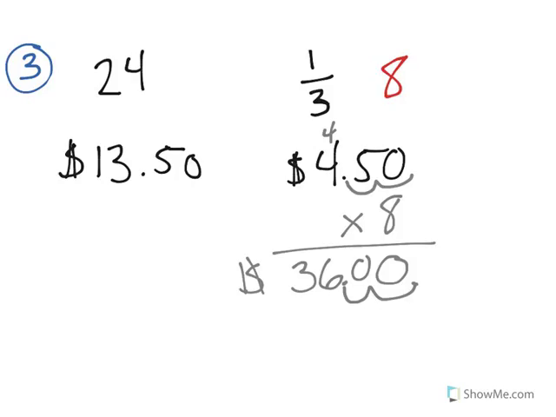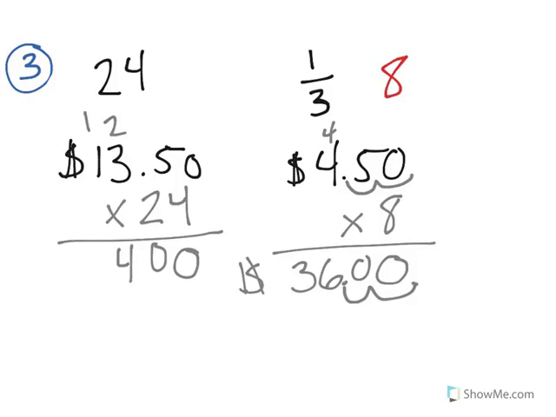Now let's look at how much was spent on tickets to the actual museum. We're going to multiply our $13.50 admission by 24. So 4 times 0 is 0, 4 times 5 is 20, 4 times 3 is 12, plus 2 is 14. 1 times 4 plus 1 is going to be 5.